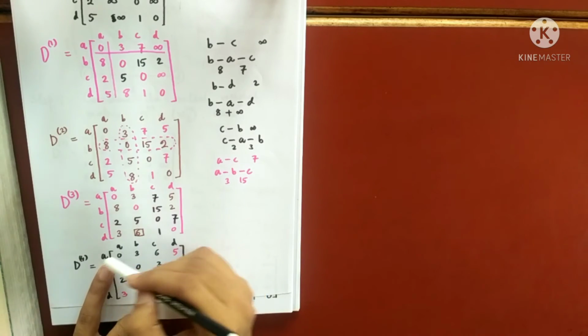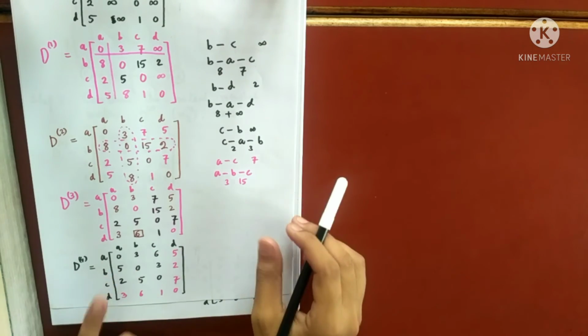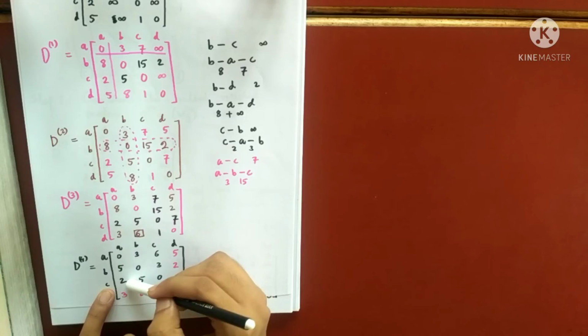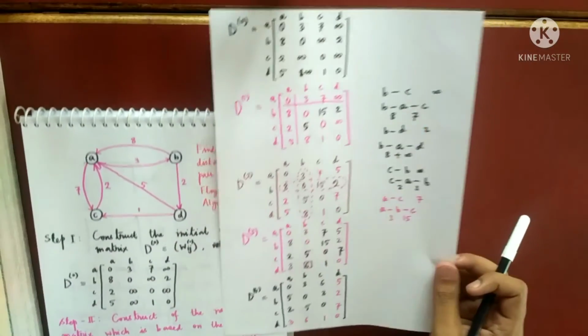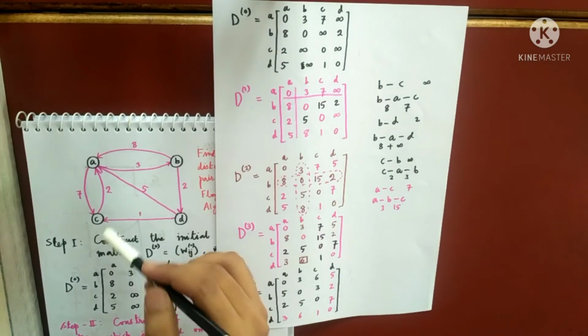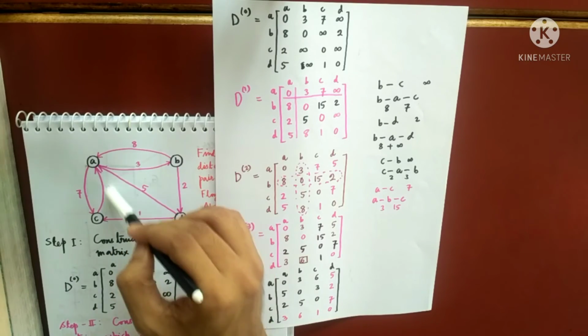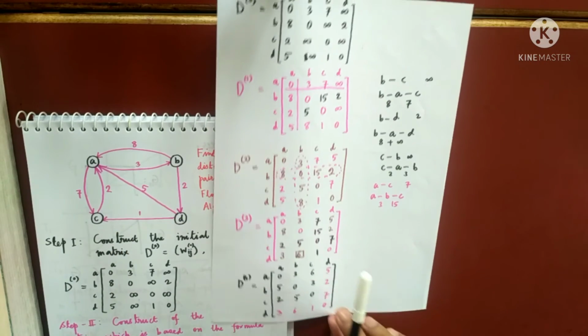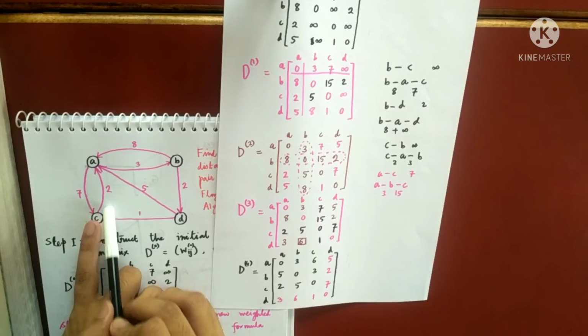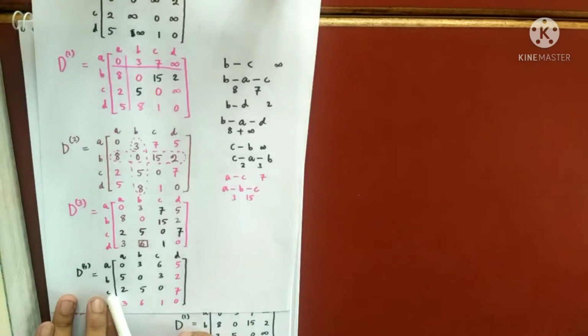So the shortest path to go from A to B is 3. What is the shortest path to go from C to A? You can see from here, it is 2. Let's see from C to D. So C to D is 2, 3, 5 to 7. It is coming 7. You see, C to D is 7.